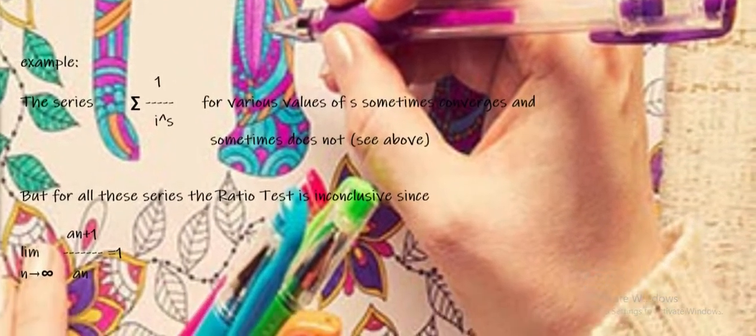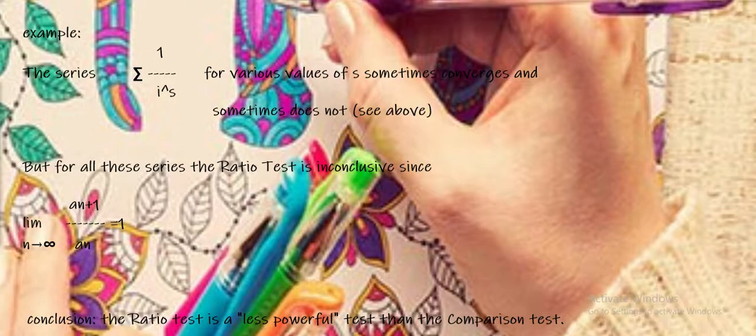Let's look at an example. The series sum of 1 over i raised to the power s, which is the Riemann zeta function, for various values of s sometimes converges and sometimes does not.